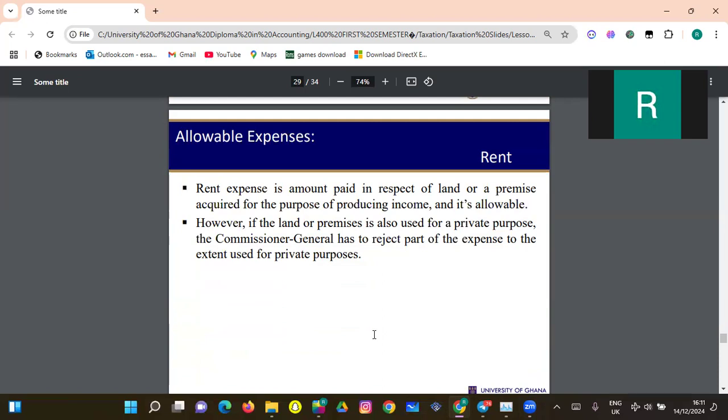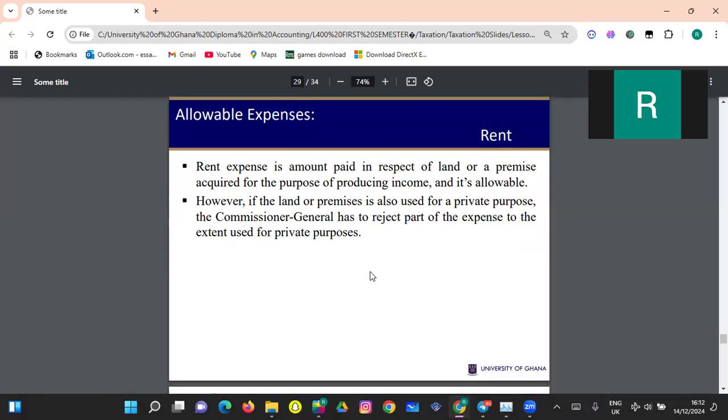However, if the land or premise is also used for private purposes, the Commissioner General has to reject that part. So if you rent a particular building for your business and you are not using the full building for the business, but using part of it for something other than your normal business, then the part used for your normal business will be tax allowable, right? It will be deductible, but the part being used for private purposes will not be deductible. That's basically what it means here.